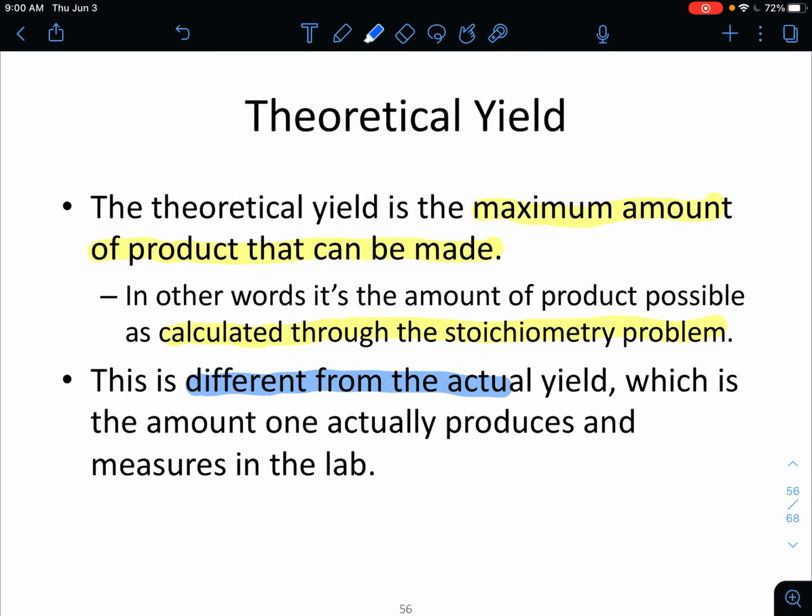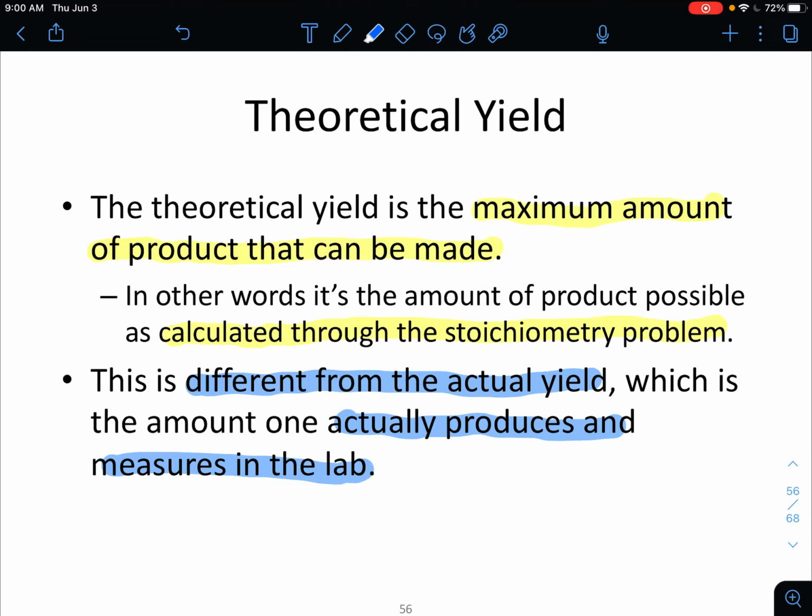And that's different from the actual yield, which is the amount that we actually produce when we run the reaction in the lab. So some reactions just are never going to go 100% to completion. That's just the nature of the reaction. Also, when you're conducting an experiment in the lab, you may not convert all of your reactant to product because you might not recover all the product, or you might not let the reaction run long enough. It could be all sorts of things that would be causing that.